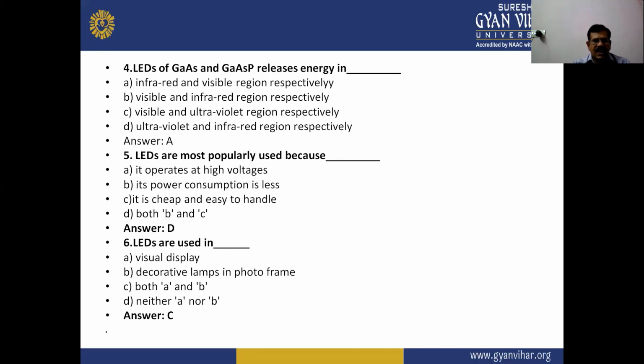Option D, ultraviolet and infrared region respectively. So here the correct option is A. LEDs of GaAs and GaAsP release energy in the infrared and visible region respectively. So this is the correct answer of this question. Question number 5.